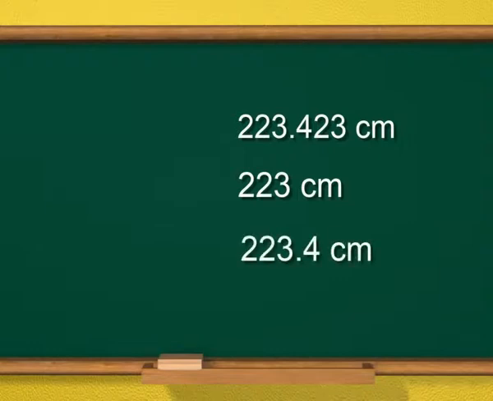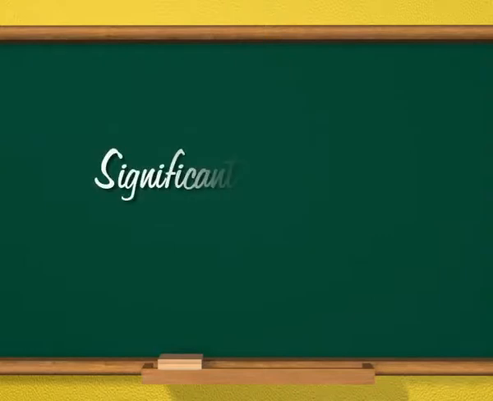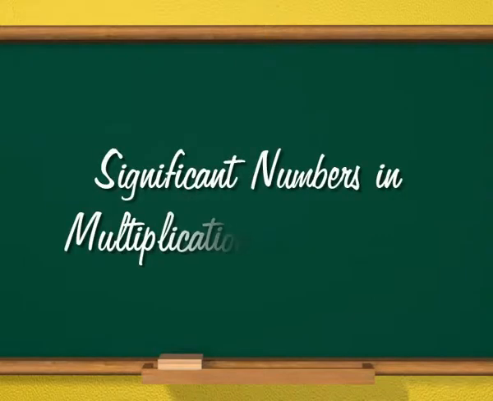223.4 centimeters. When the values of different observations are multiplied or divided, the number of digits to be retained in the answer depends upon the number of significant figures in the weakest link. Significant numbers in multiplication and division.